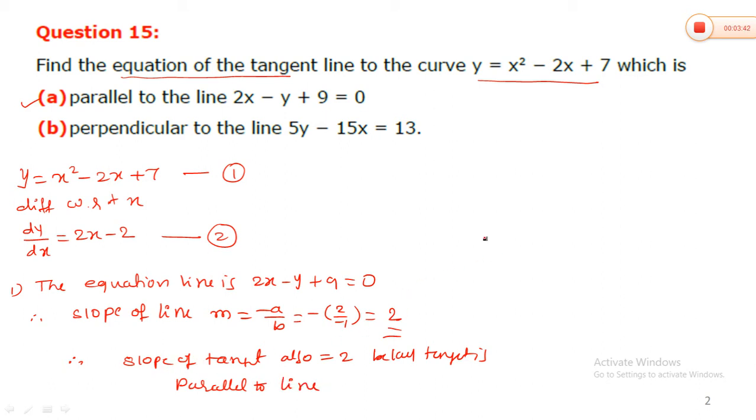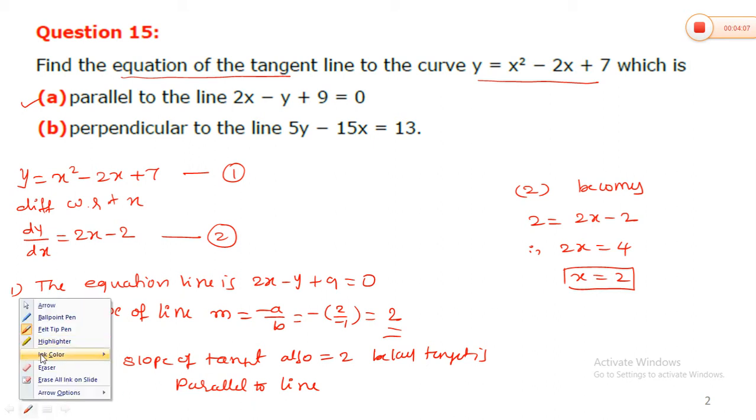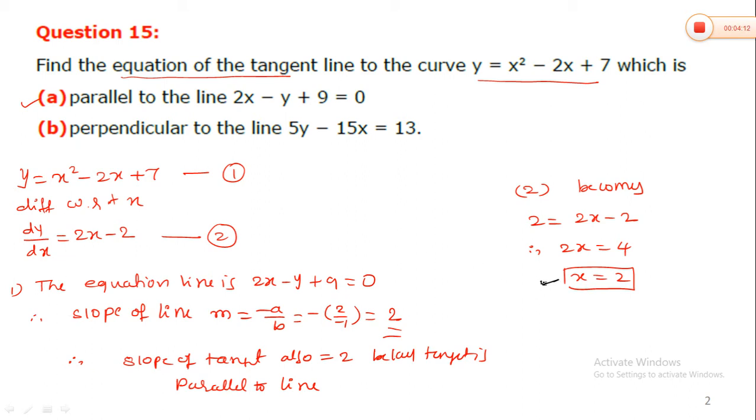So 2 equal to 2x minus 2. Therefore 2x equal to 4, x equal to 2. So here the x value is equal to 2. Now to find the value of y, substitute this x equal to 2 in equation 1.